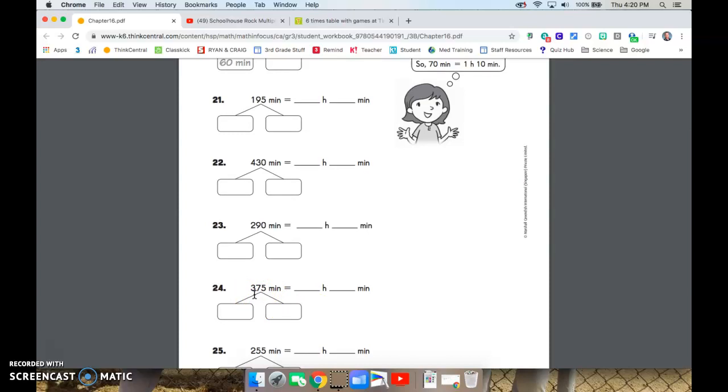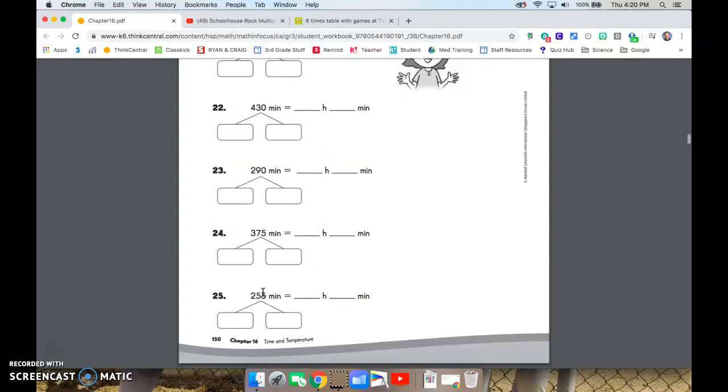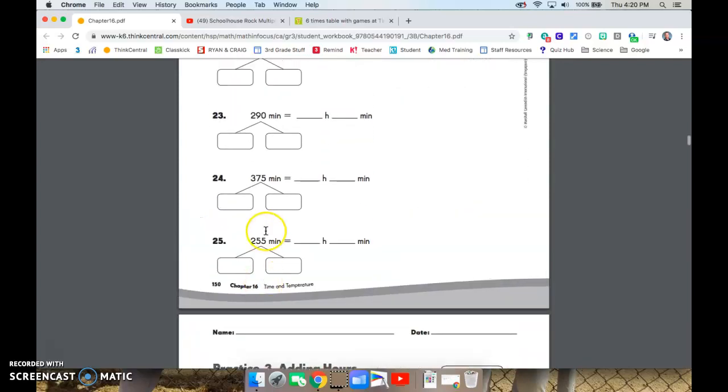So 6 times 60 is 360. 375 minus 360. 75 minus 60 is 15. So 6 hours and 15 minutes. And the last one for today, 255 minutes. Well, again, 6 times 4 equals 24. So 60 times 4 is 240. 55 minus 40 is 15. So 4 hours and 15 minutes.